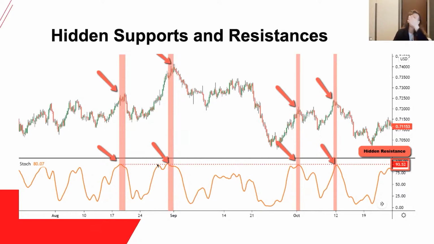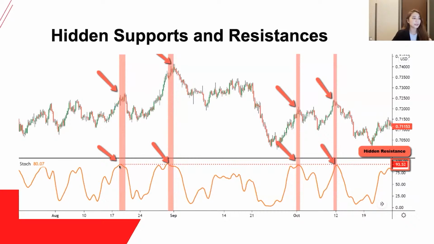So if you let go of your buy at the price where it hits 80 in the range, you would be ignoring hidden resistance at around 93.52, and it would cut short your own profit that you could have possibly made.